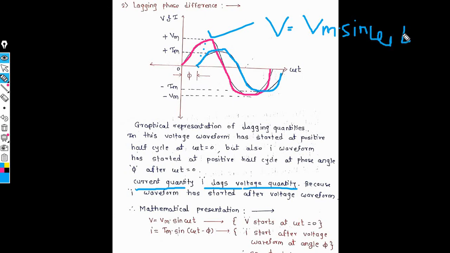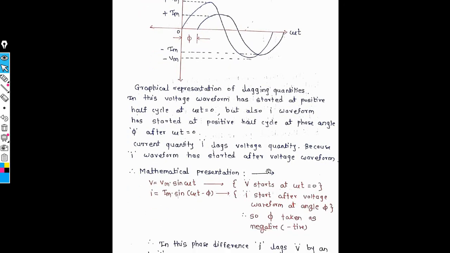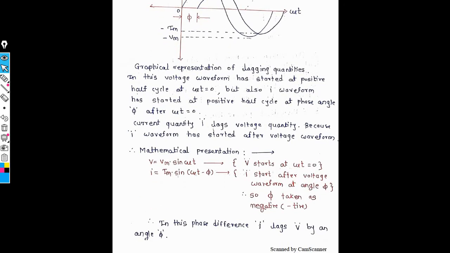Then I is equal to Im sin (omega t minus phi), because we are taking the lagging phase difference. That is, we are taking a minus sign. Why take minus phi? Because the current waveform starts after the voltage waveform. Then we take a negative sign.